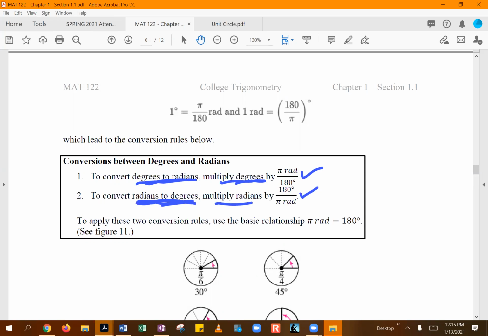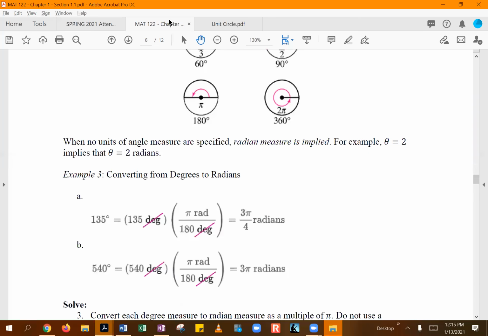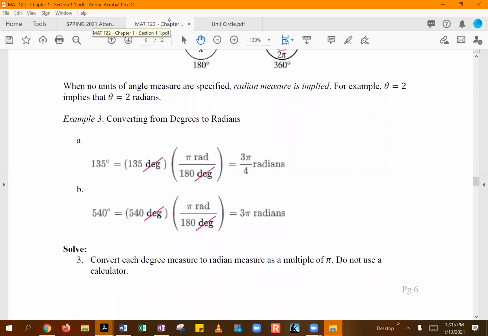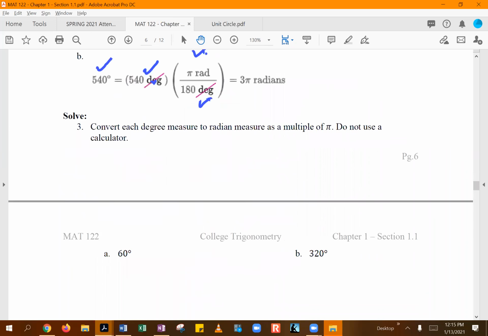So the easiest way to remember is, and let me show you that here. If you're converting degrees to radians, if degree is on the top over here, then degree has to be on the bottom so that your degree measurements cancel each other out.